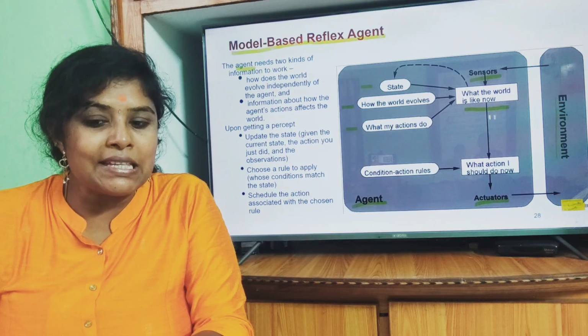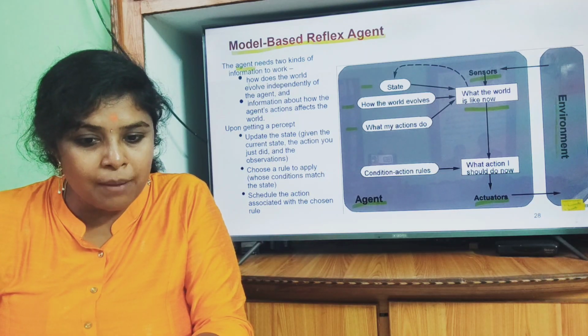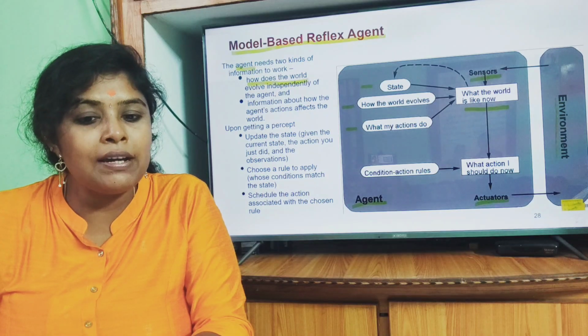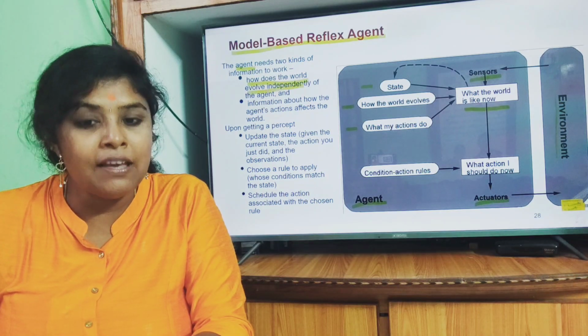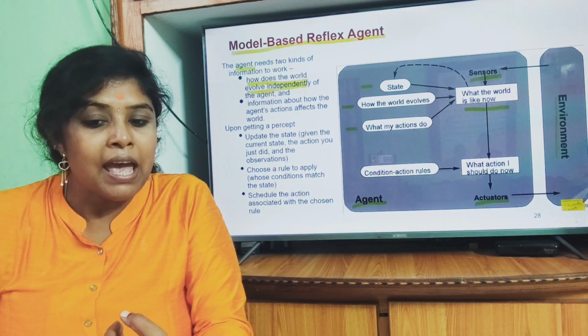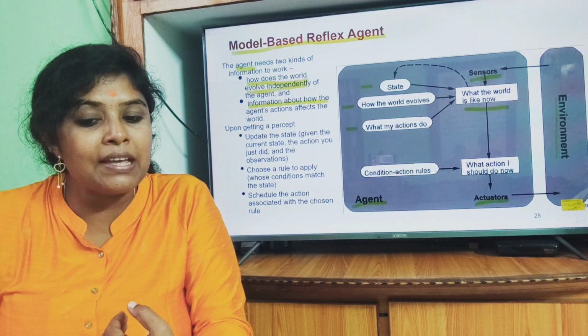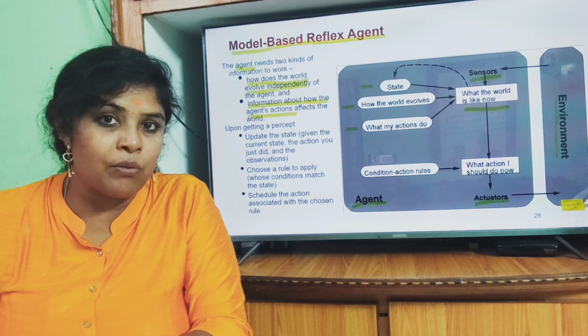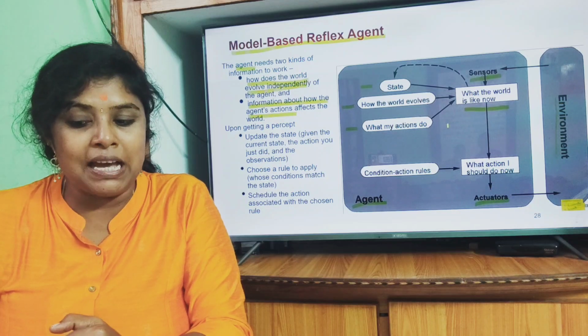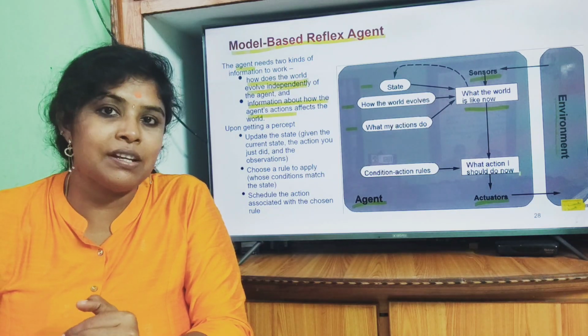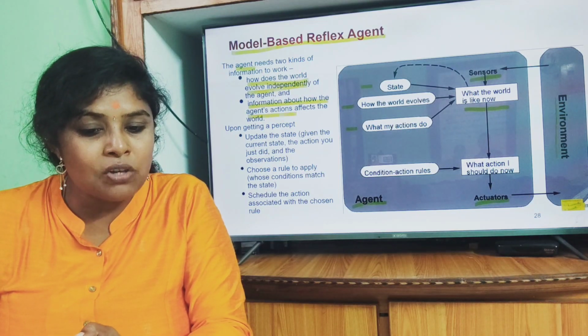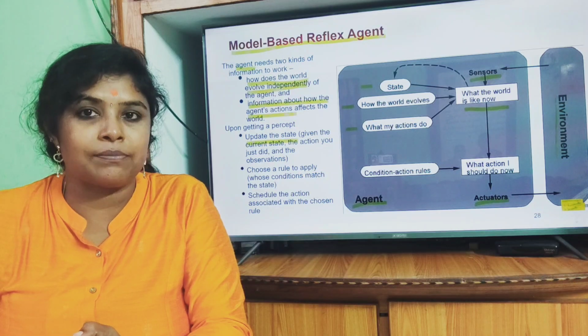So once the agent gets the information about how the world evolves independently without the agent, and the information about how the actions of the agent will affect the world, then it will decide what kind of action it needs to do based on the updation of the state.